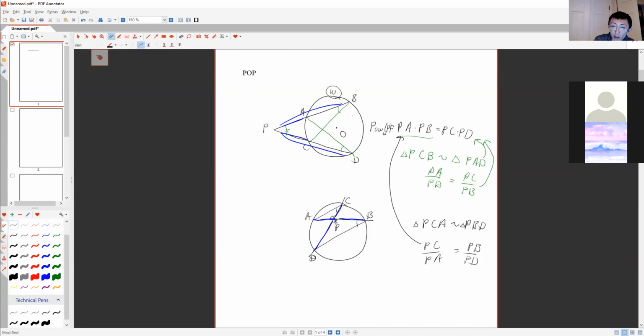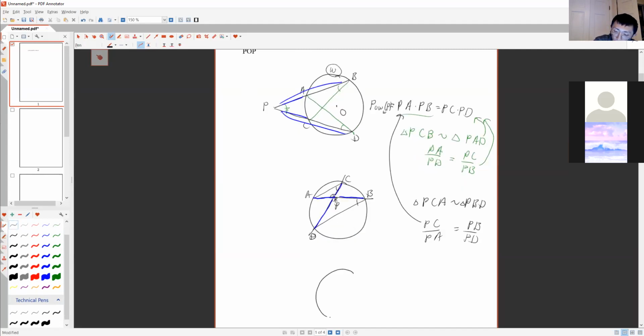So, if we just look at the first diagram again, I can draw any line through P, with intersection points A1, B1, A2, B2, and so on. P to Ai times P to Bi is constant for all i, right?